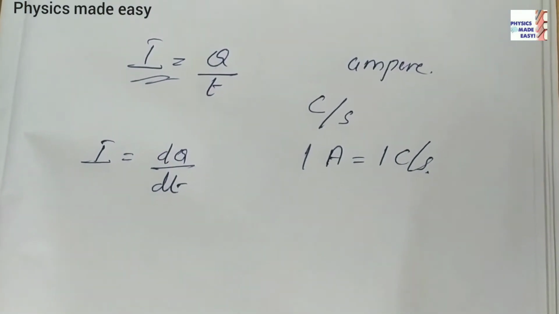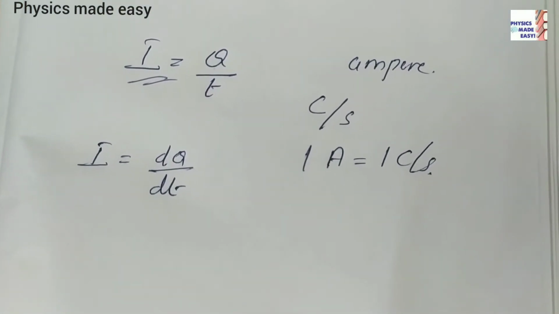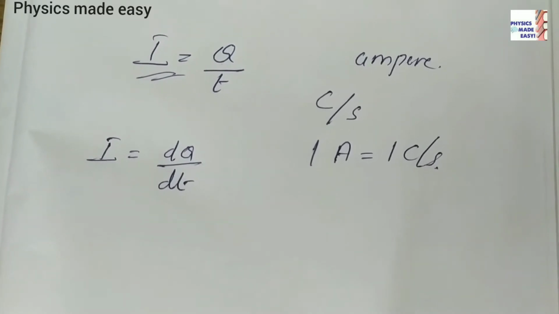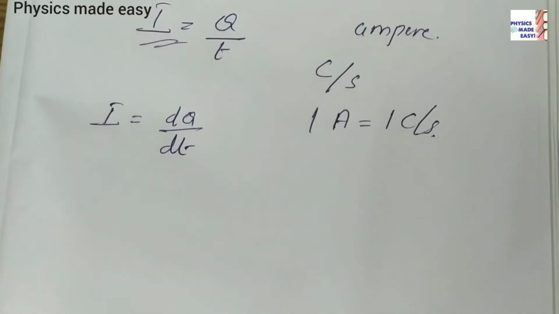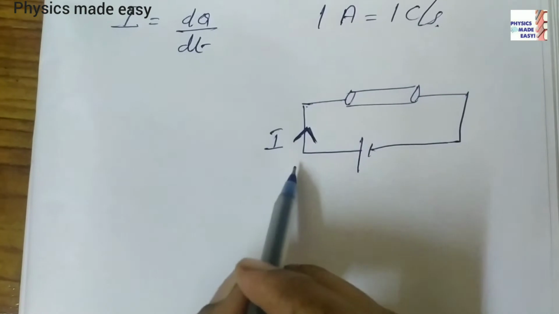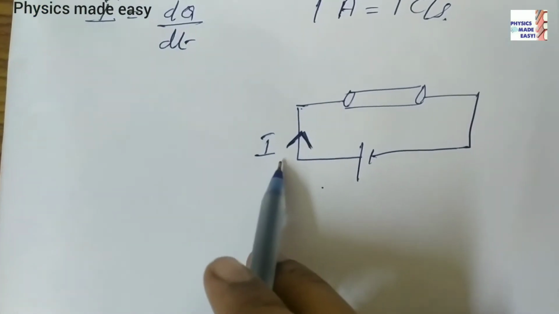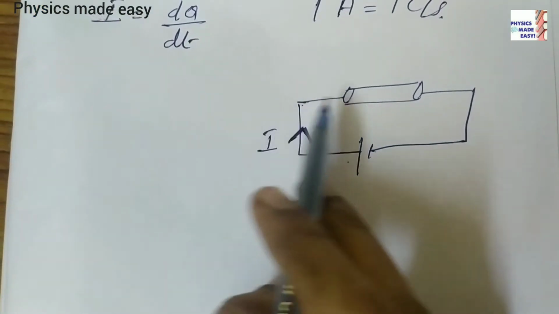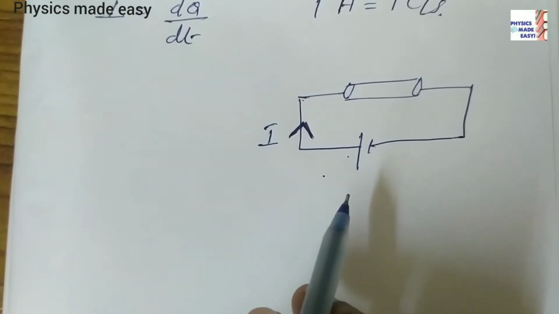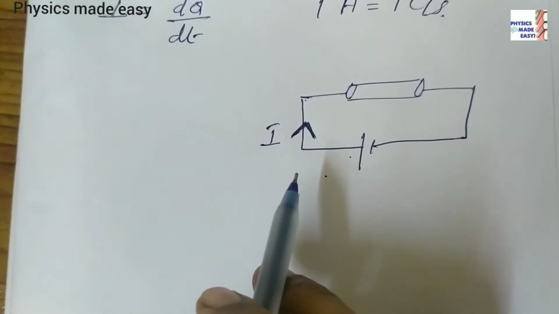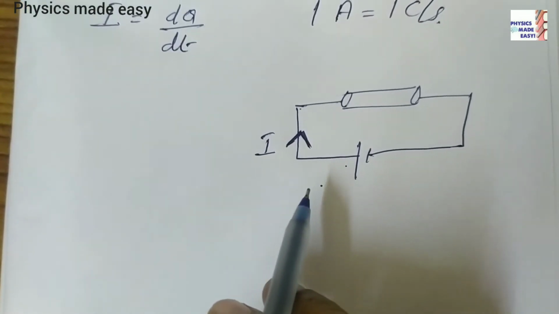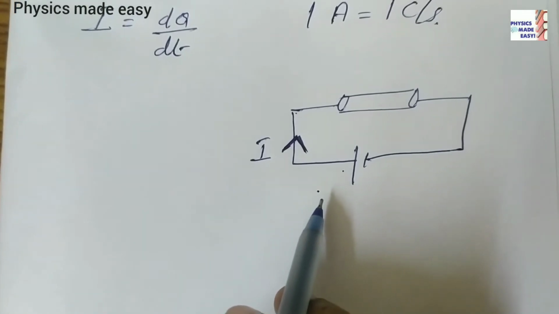Now, you know about the direction of current. Here, in this circuit diagram you can see the direction of current is shown from positive terminal to negative terminal. So here we can say the direction of motion of positive charges is taken as the direction of current.